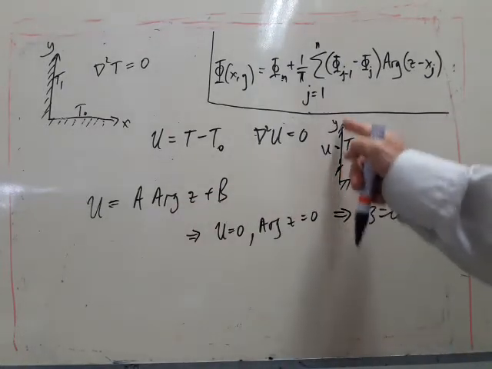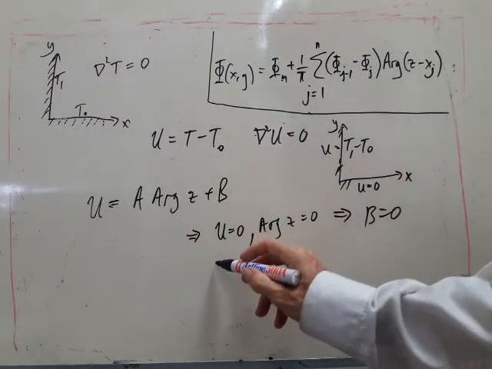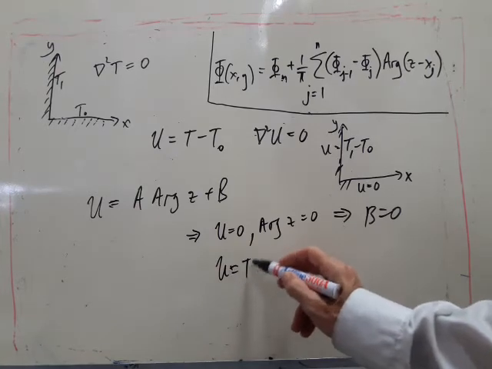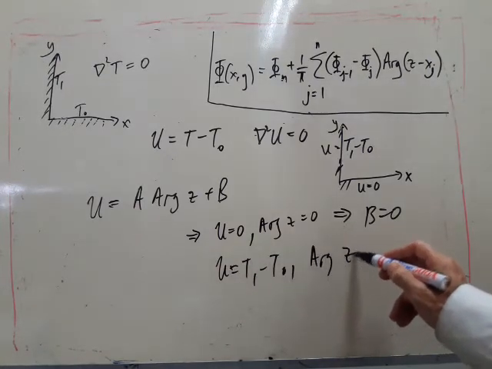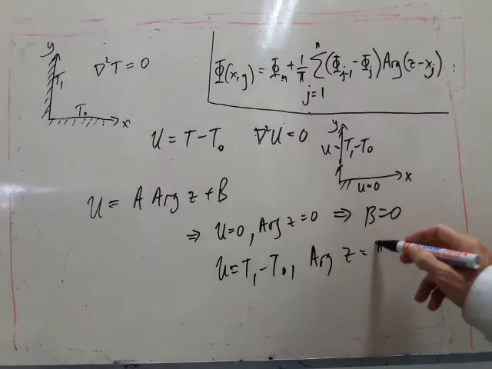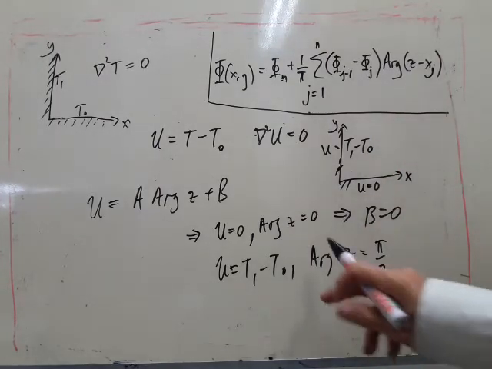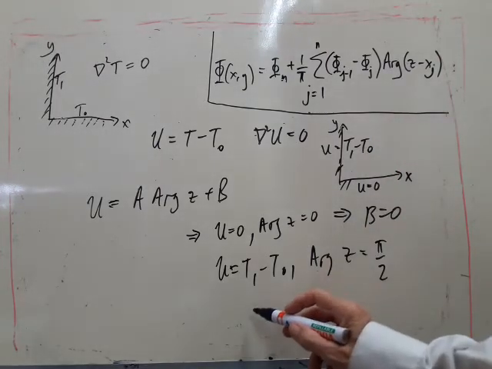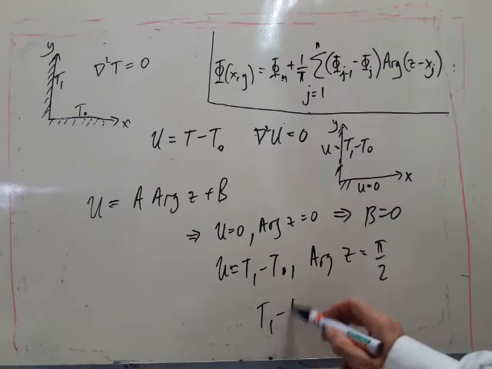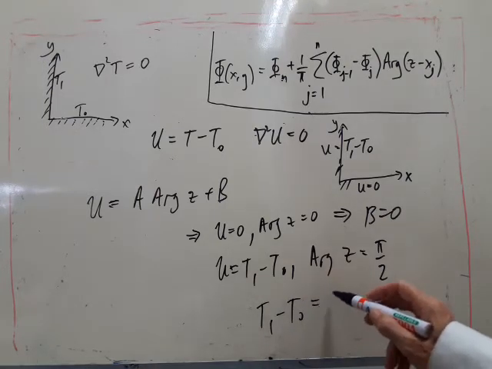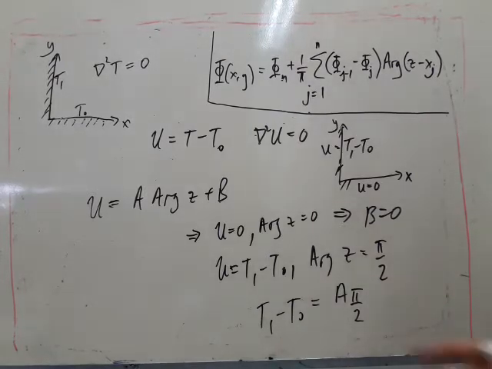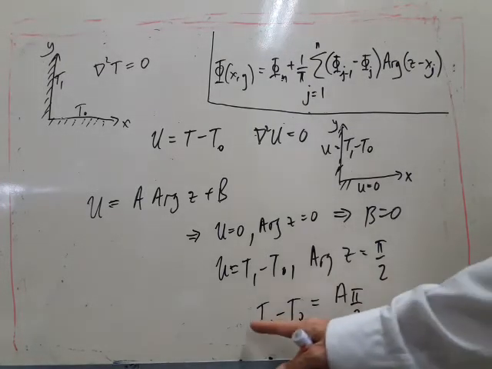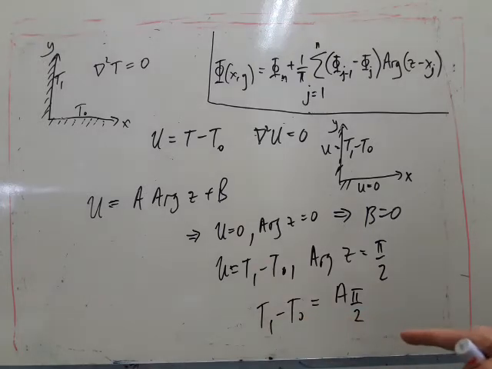And then along here, we have u equals T1 minus T0, and arg z along here is pi by 2. So that gives us that T1 minus T0 is equal to a times pi by 2, which in other words, a is equal to 2 times (T1 minus T0) over pi.